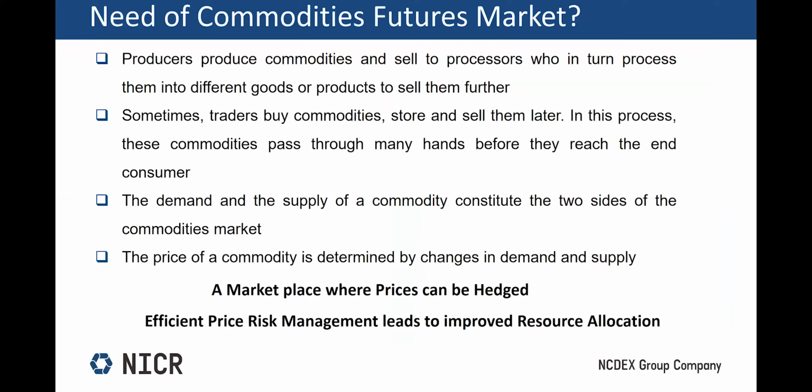And we have all known that goods are produced, they are transacted, change hands from one point to another, and then ultimately processed and used for final consumption. And in between, everybody cannot hold the goods. There are certain people who can actually hold the goods in between, because as we have seen earlier, agriculture commodities are produced only in a 3 to 4 months period and need to be consumed over the next 12 months till the next harvest comes in.